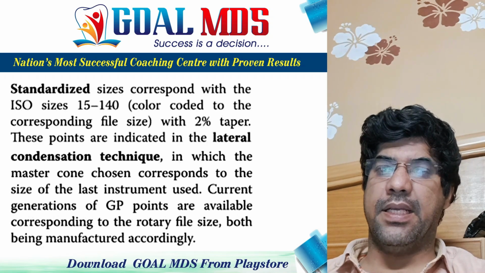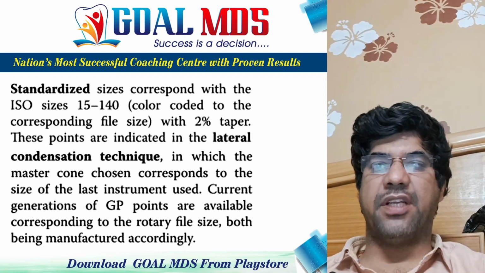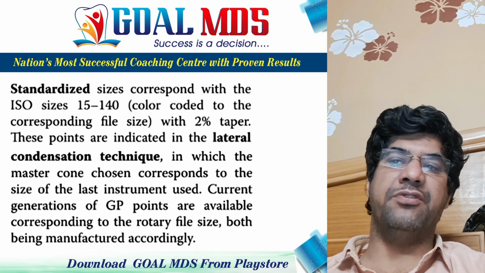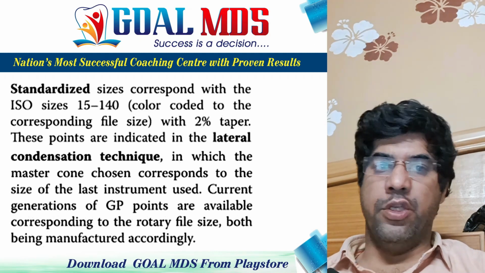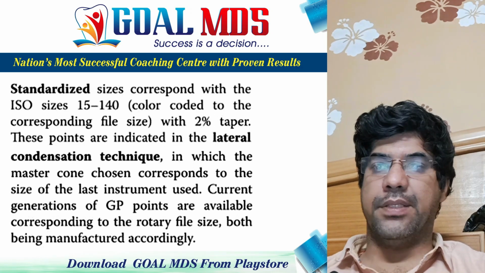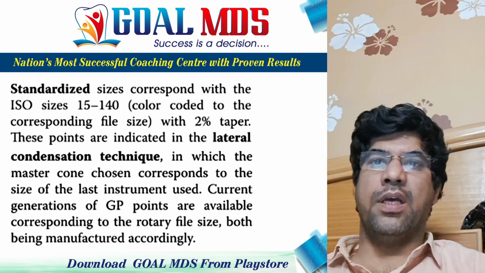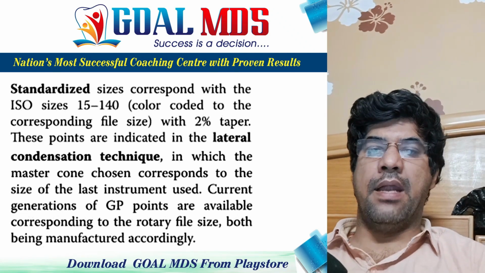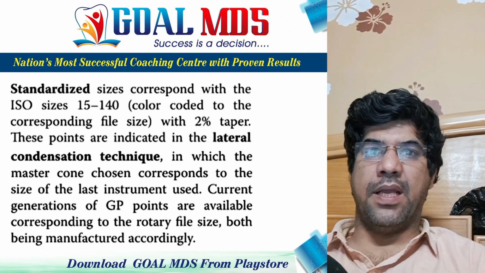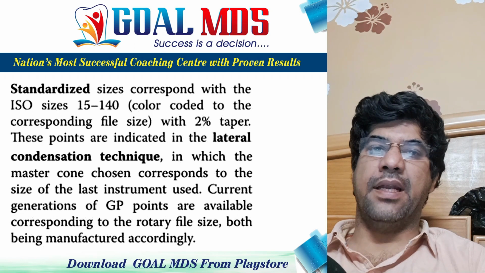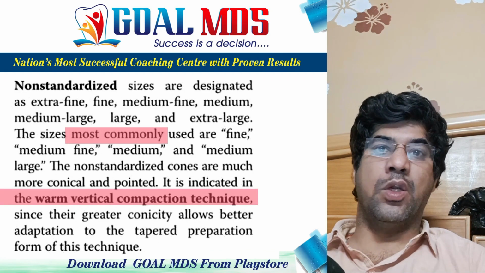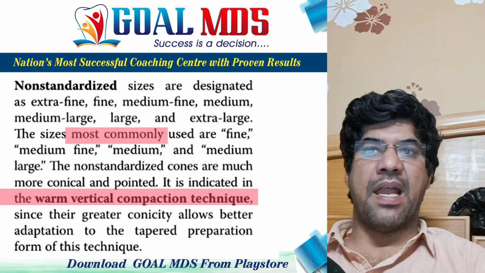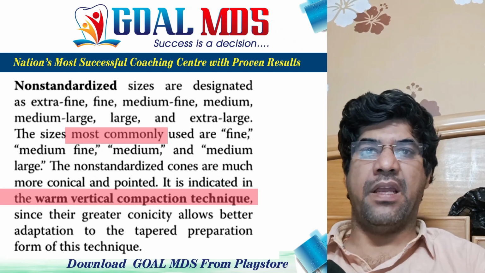Here the master cone chosen will correspond to the size of the last instrument that you will use during the preparation. Standardized cones have tips from 20 to 140 and a 2% taper, and they are utilized in lateral condensation.